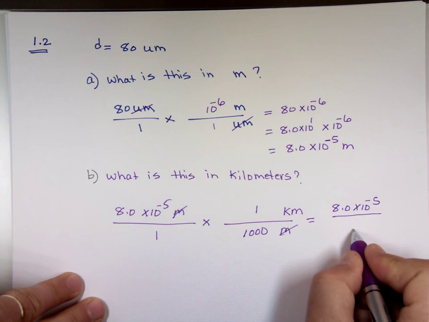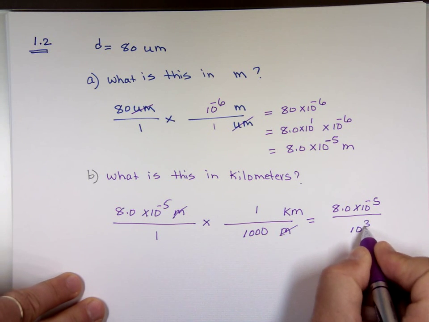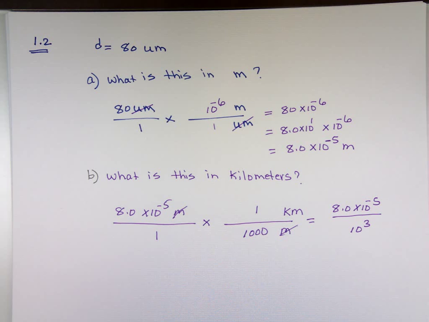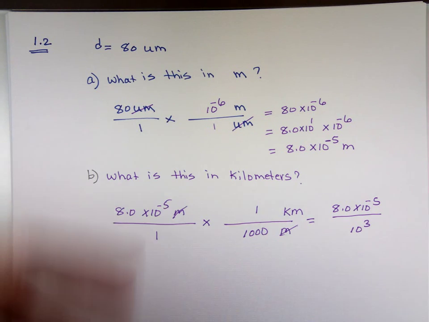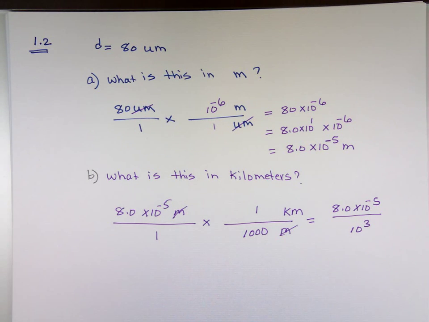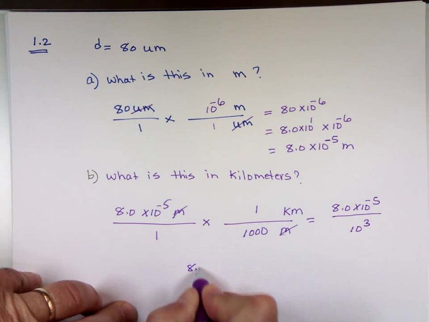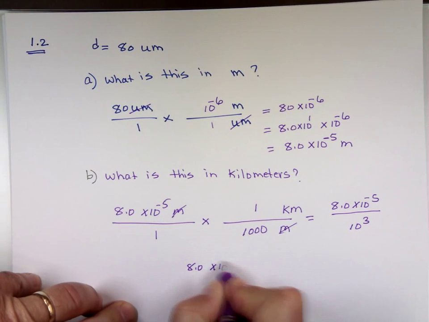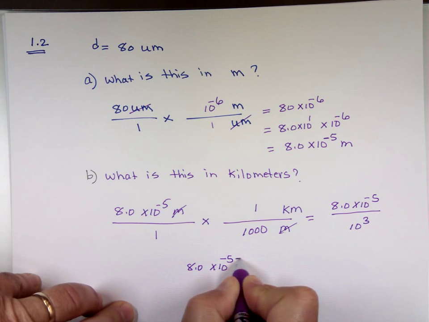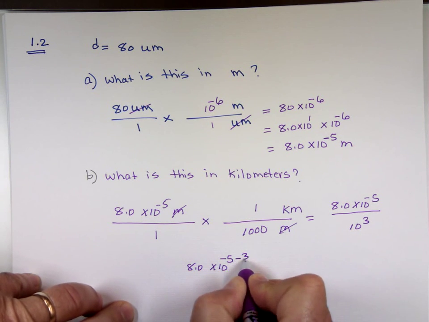Well, the 1,000 is what? Isn't that 10 to the third? That's what 1,000 is. And when you divide, what do you do with the exponents? You subtract them. So your answer should be 8.0 times 10 to what power? Negative 5 minus this exponent, which is 3.